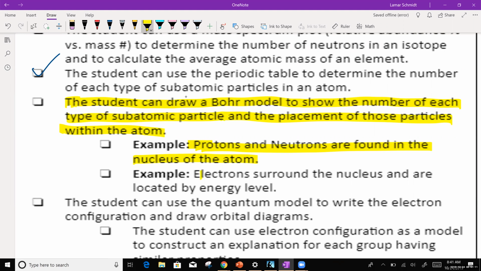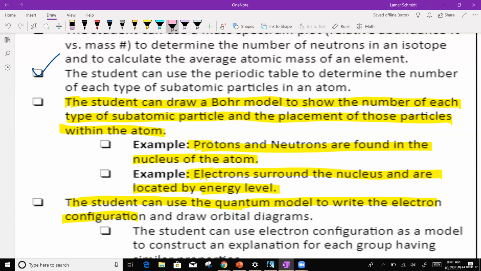The next part is that the electrons surround the nucleus and are located by energy level. One thing about drawing the Bohr model and locating electrons by energy level is it would be much easier if we know how to write how the electrons are configured within the atom. So we're going to blend this idea with the next objective, which is the student can use the quantum model to write the electron configuration.